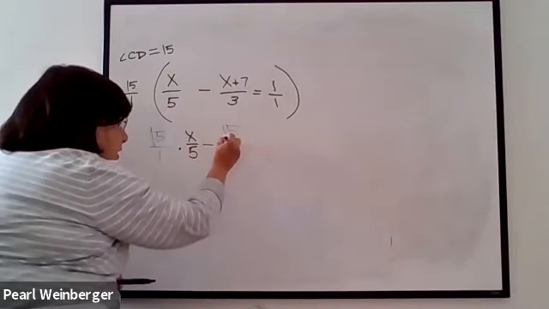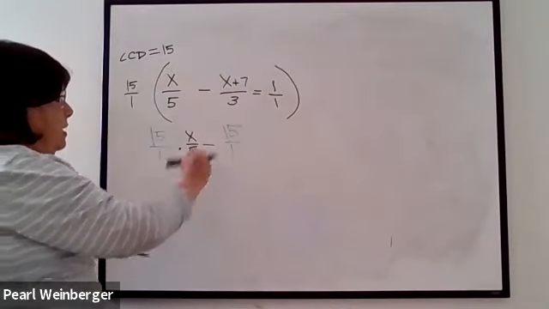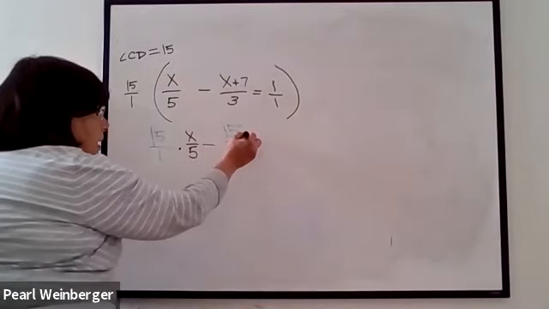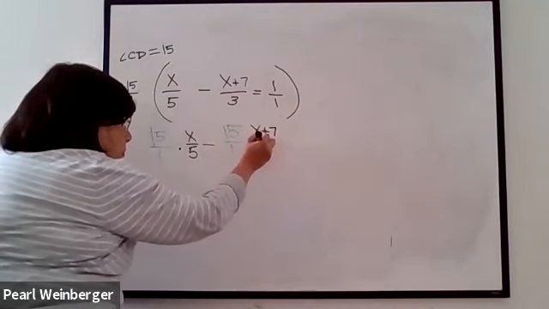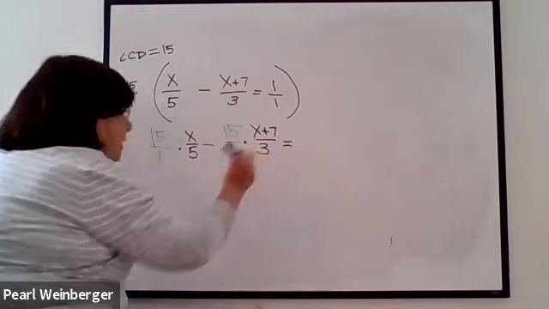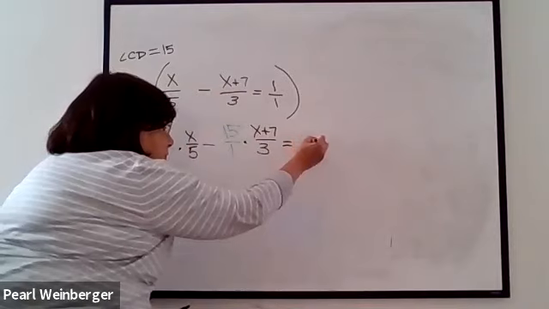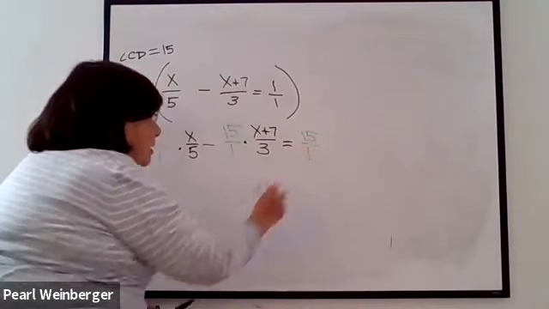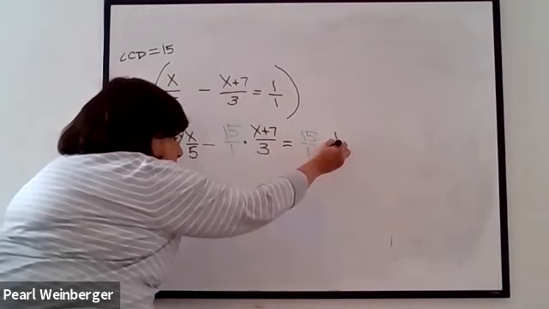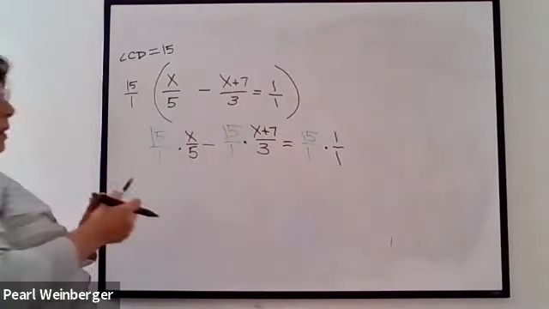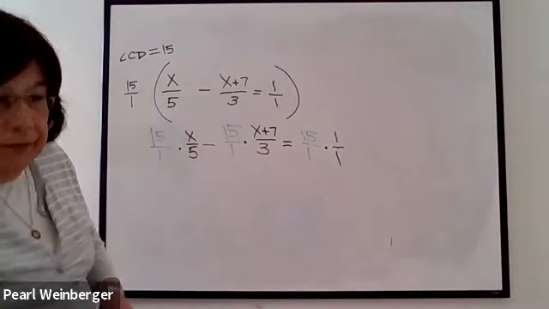I hope you can see that. So you can see that I'm distributing it. So I'm taking the 15 over 1 and multiplying it by the (x plus 7) over 3. And finally, on the other side, I have to do the same thing. I have to take the 15 over 1 and multiply it by 1 over 1. I distribute my common denominator.